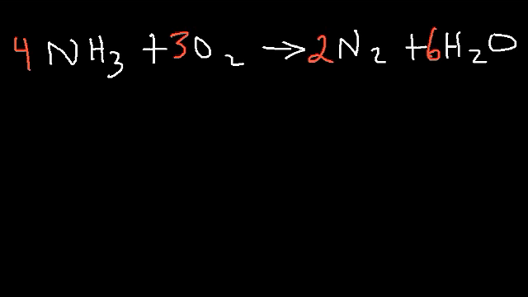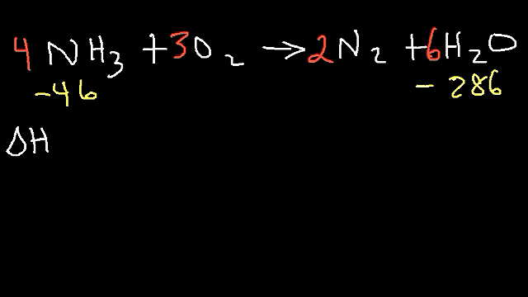Now let's say you're given the enthalpy information for NH3, let's say it's negative 46, and for H2O, which is negative 286. Using this information, calculate the enthalpy change of the reaction.